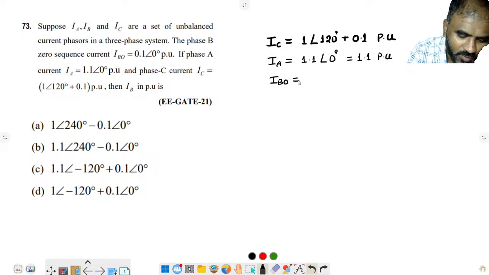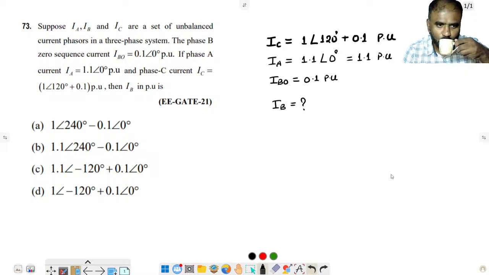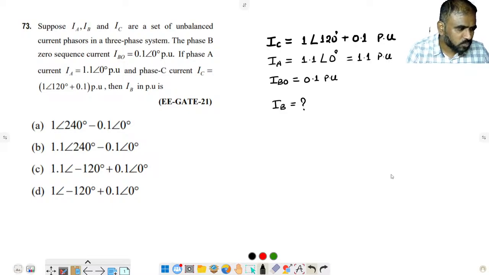What is IB zero? 0.1 per unit. But what is asked to calculate is IB. This question is given for 2 marks. But see the options very carefully. The options are given somewhat differently. It's not just a number. So that's why be a little careful while answering the question.